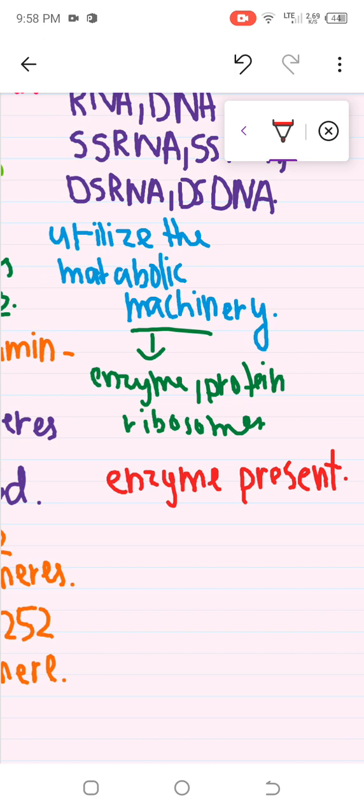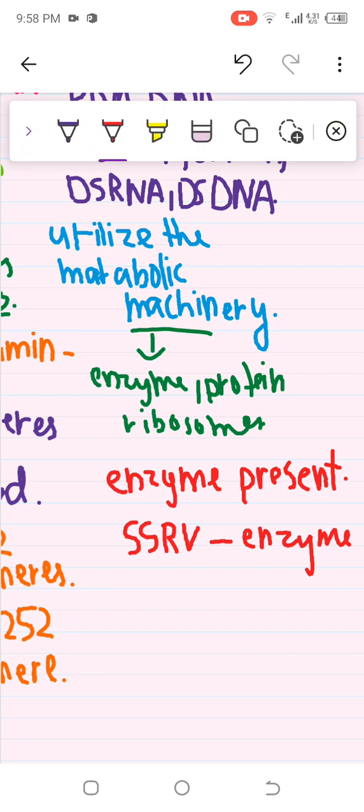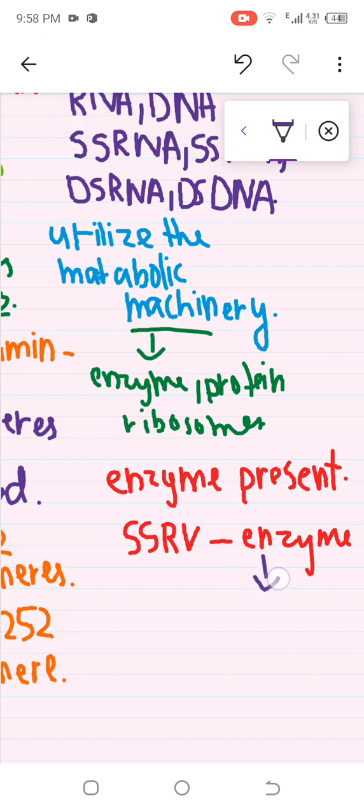Single stranded RNA viruses have an enzyme, because every virus has different enzymes, that converts the single stranded RNA into a double stranded RNA genome.